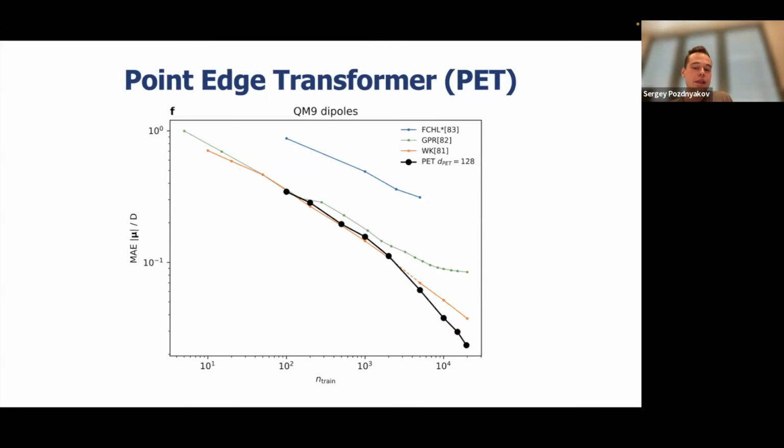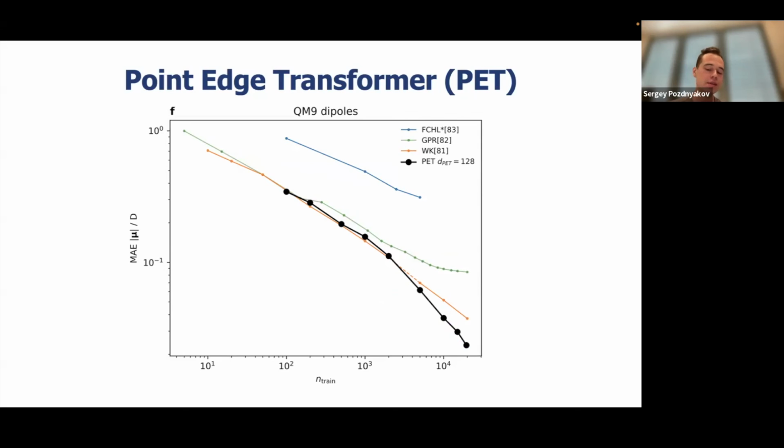The next slide is once again the learning curves, and now I investigate the performance of PET not for invariant targets such as potential energy. Instead, I investigate the performance of PET for a covariant target, namely the vectorial dipole moment.